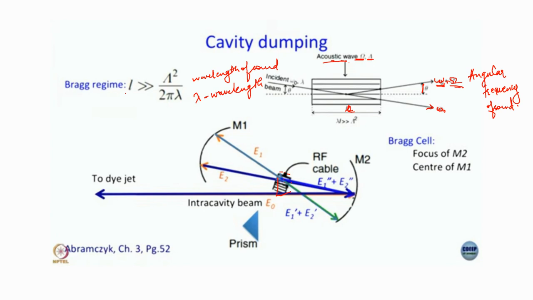So if you want this process, cavity dumping, you need to work in the Bragg region. Therefore, each of these values should follow this relation which we are writing.